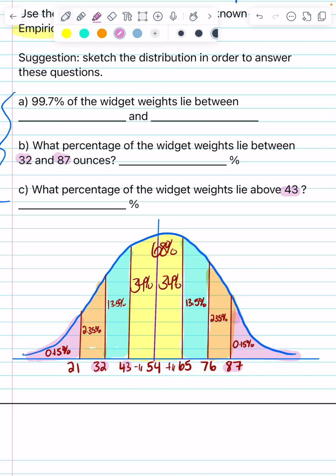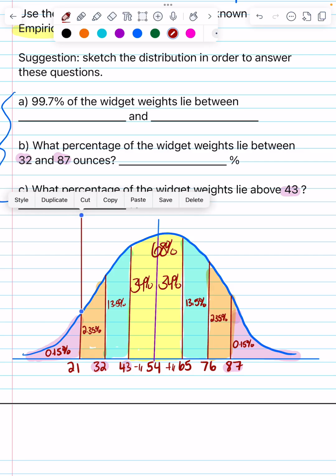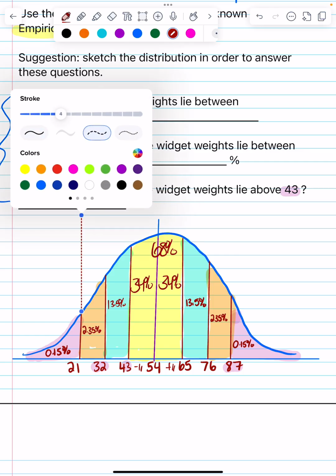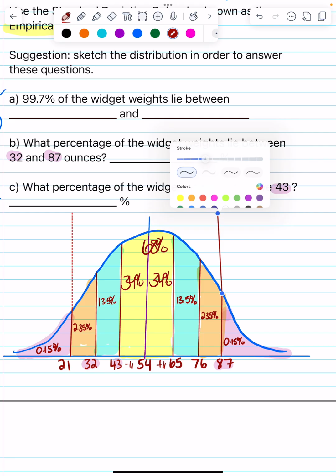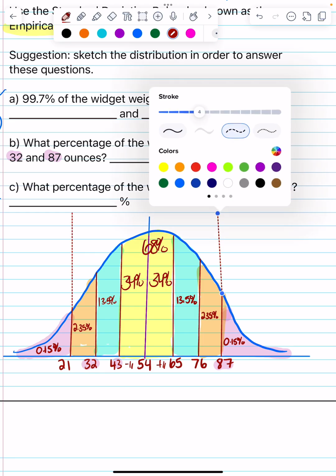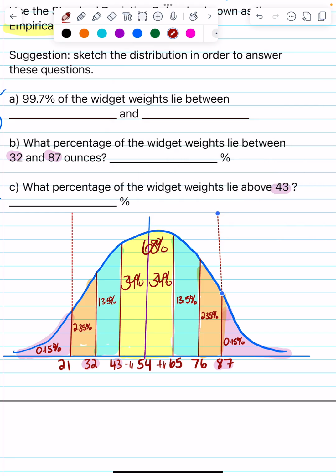So I didn't put it on here because it's not always useful, but 99.7 would be from here, and then I'm just going to make this dotted to here. So essentially, if you want to think of it more technically, we're 3 standard deviations away from the mean.